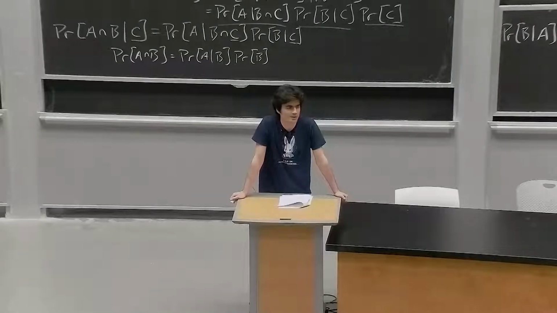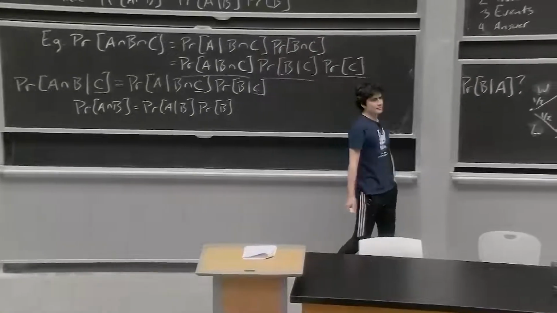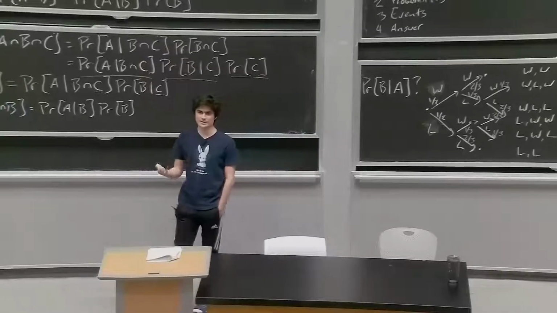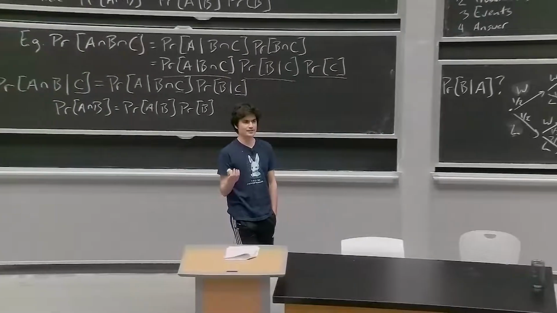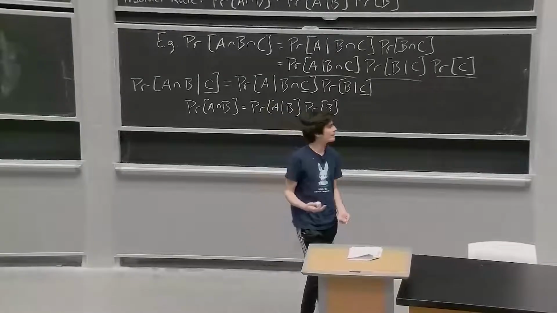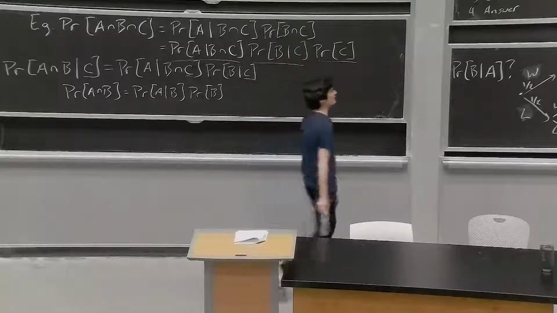What is that probability? Well, numerically, we can compute it in exactly the same way. It's going to be the probability of the intersection divided by, this time, the probability of A rather than the probability of B. But still by symmetry, that probability is going to be 1/2. Okay, so this is also going to be 7/9.